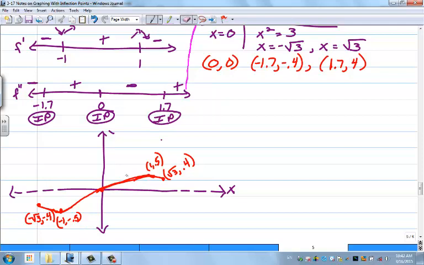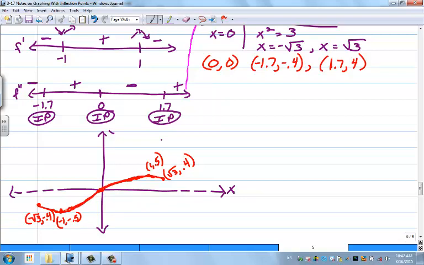I don't like the way that turned out, so I'm going to try to fix it just a tad. Alright, pretty shaky, but this should look sort of like it's concave down. This should look pretty much like it's concave up.